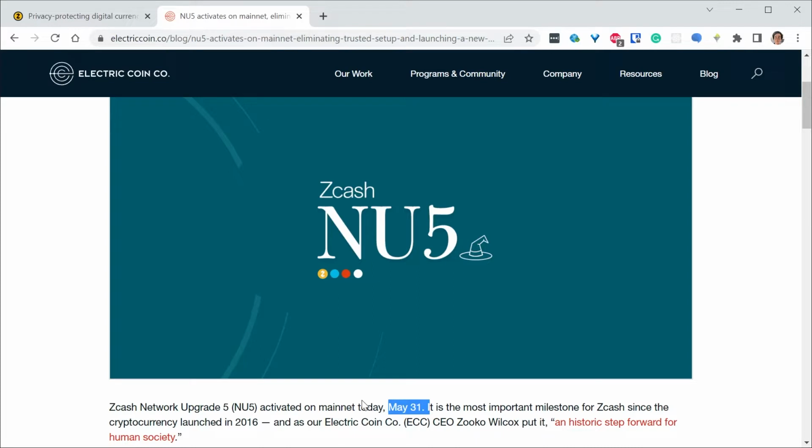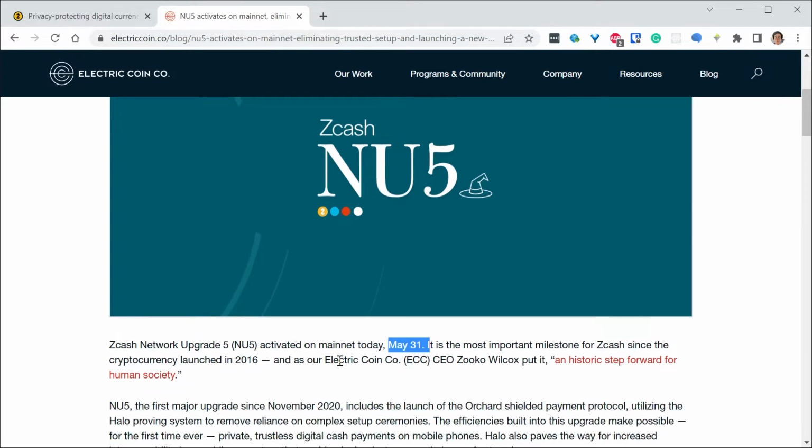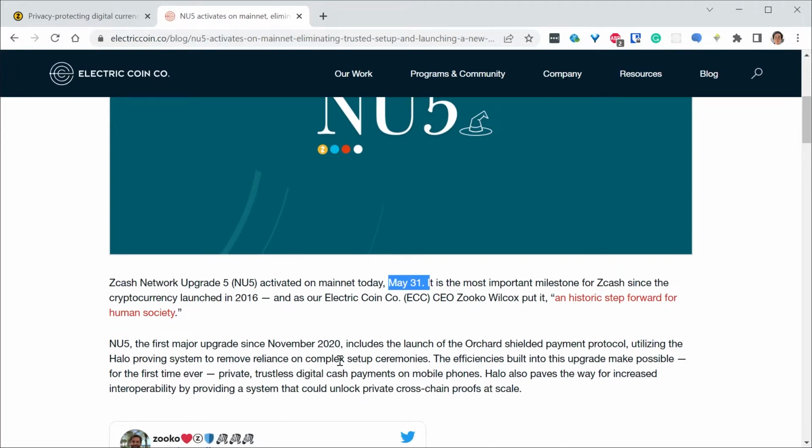The biggest, most famous one is Halo 2, which is a new proving system that allows Zcash to remain as shielded as before, but without the issue of the trusted setup.